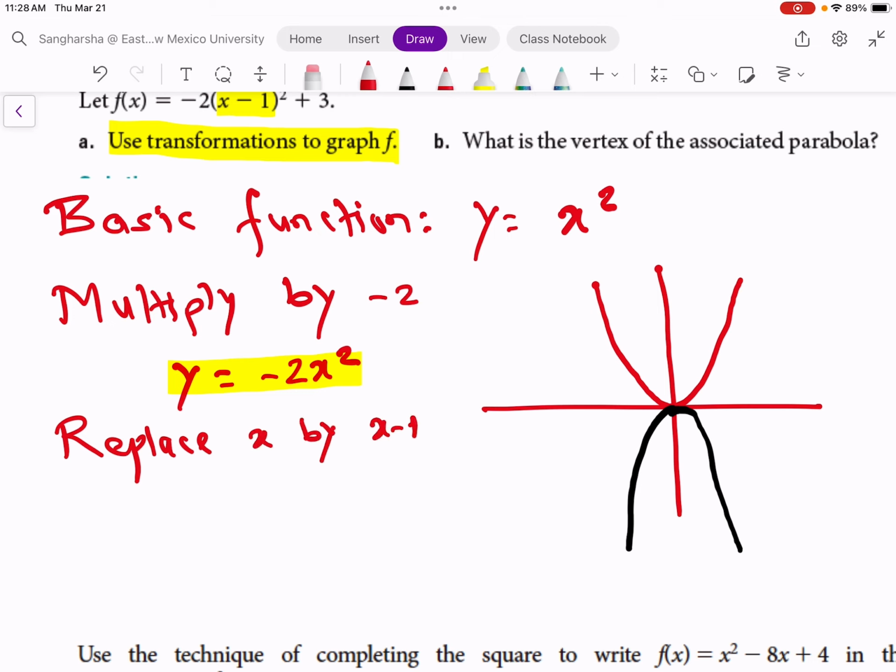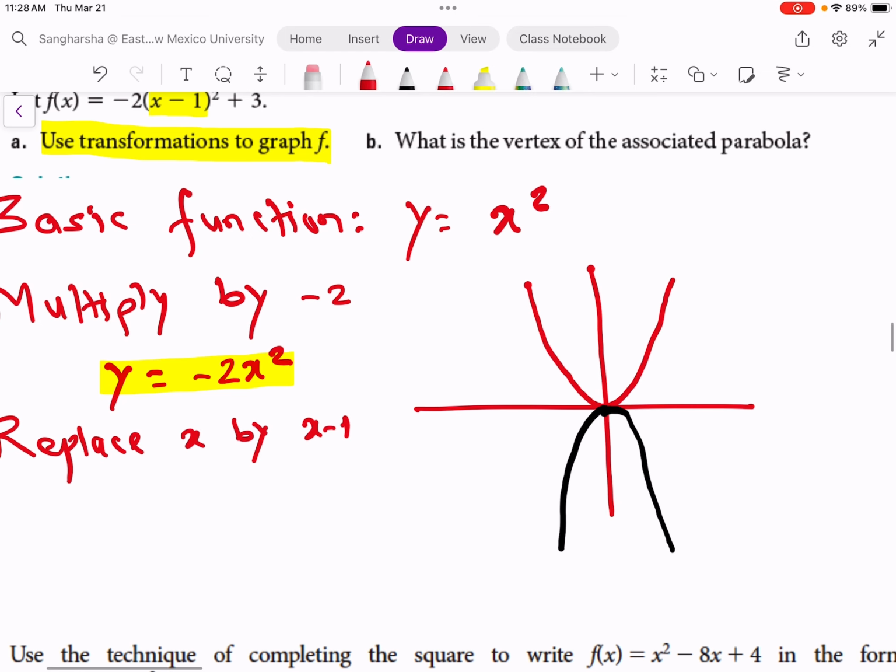Now what happens to the graph when we replace x by x minus 1? It goes to the right by how many units? By 1 unit. So keep a note of the vertex. This is our vertex here. Let's say this is 1 here, and at point 1 your vertex has to be here.